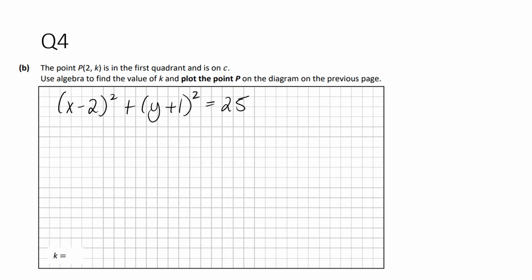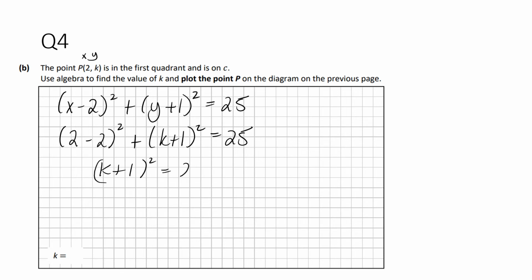So you can start subbing in 2 and k for x and y. So 2 minus 2 squared plus k plus 1 squared is equal to 25. 2 take away 2 is 0, 0 squared is 0, and then you're left with k plus 1 squared is equal to 25.